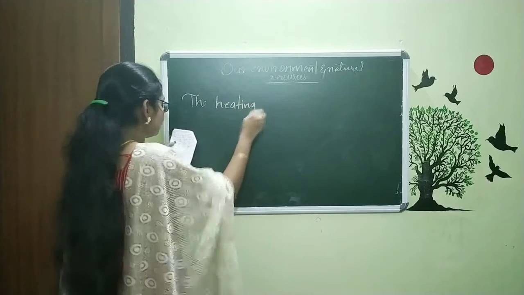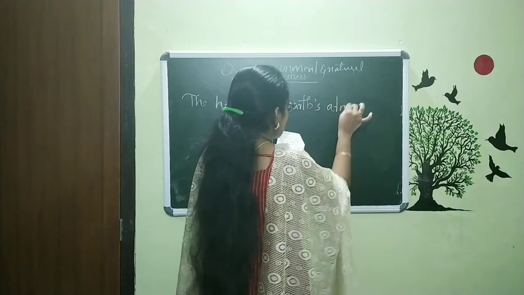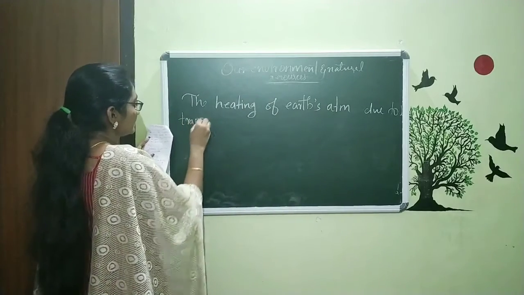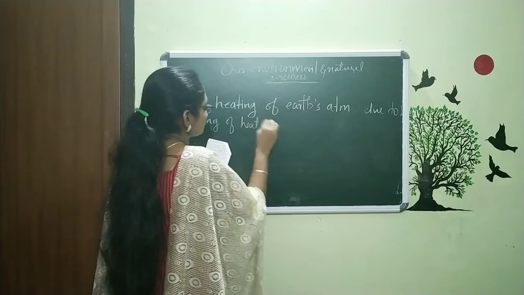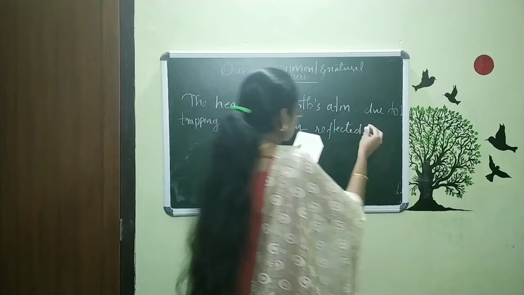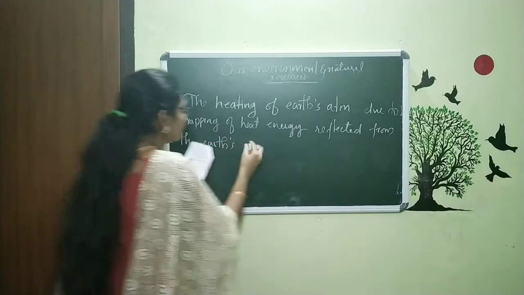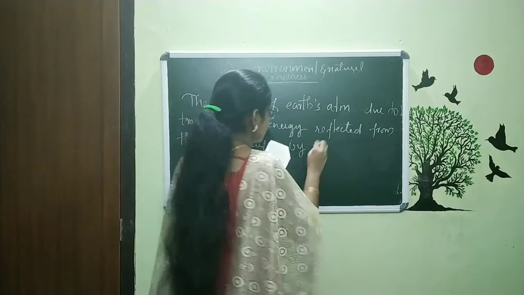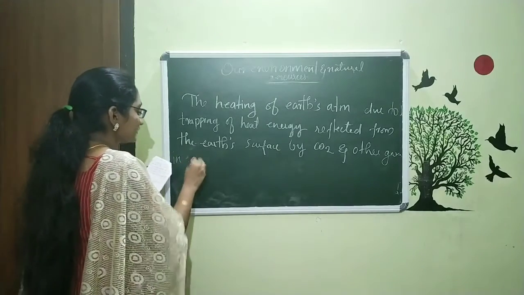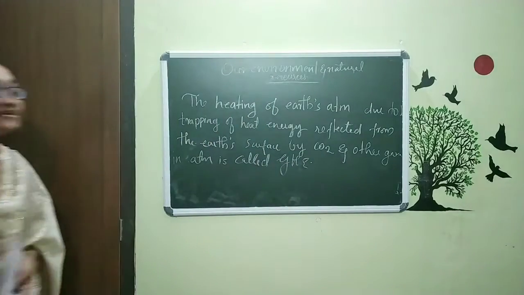The heating of Earth's atmosphere due to trapping of heat energy reflected from the Earth's surface by carbon dioxide and other gases in the atmosphere is called the greenhouse effect. So this is the definition for the greenhouse effect.